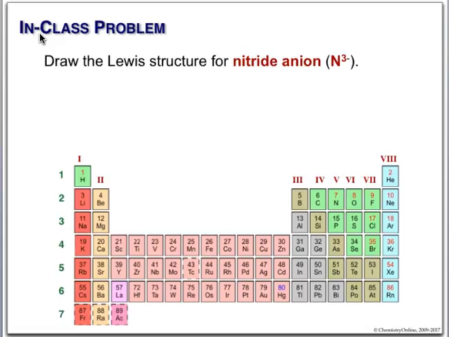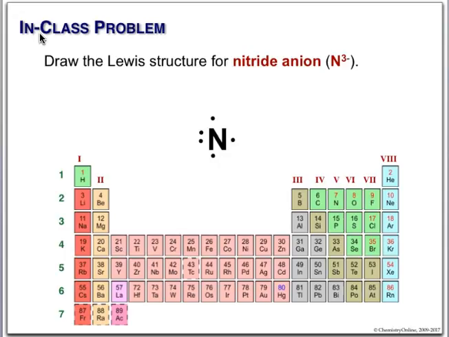One more time, let's do nitride anion. That's N-3. Nitrogen is here in group 5. So put your N and put 5 electrons around it. You should have 1 pair and 3 separate electrons.